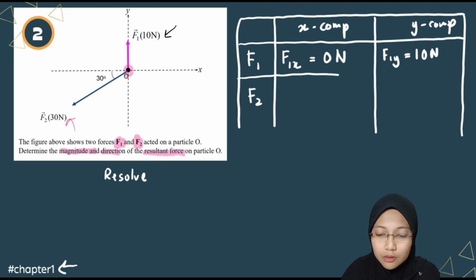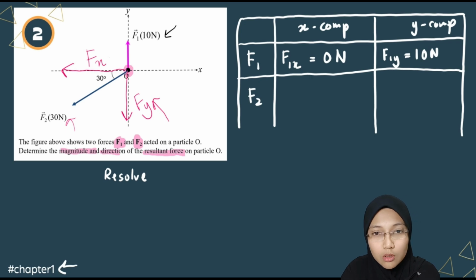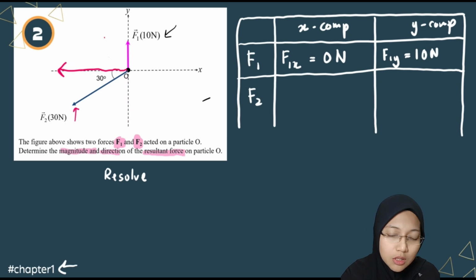And for F2, we need to draw the x component that you have resolved and also the y component that you have resolved. So this is the x component and this is the y component. When you resolve your components, it's supposed to always go to the nearest axis.